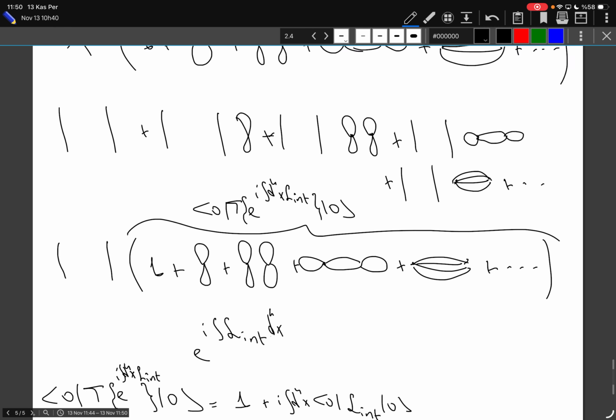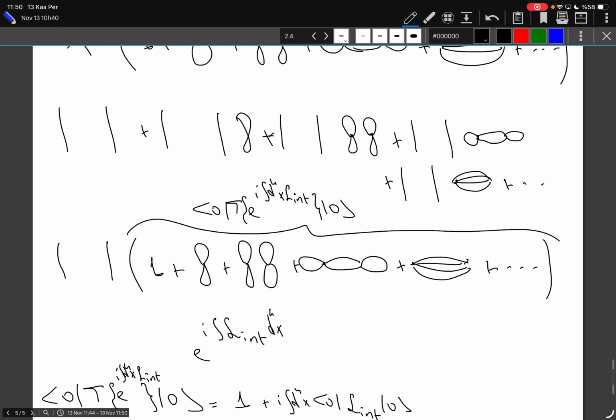So remember what we are calculating. We are trying to calculate this ratio. In the calculation of the numerator, I have the denominator also. So now I can cancel them.